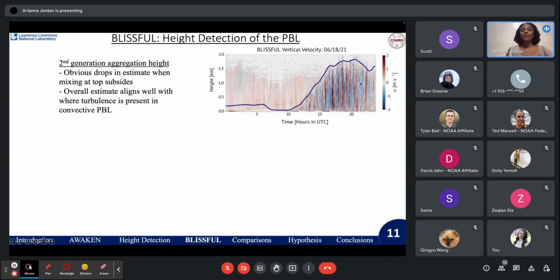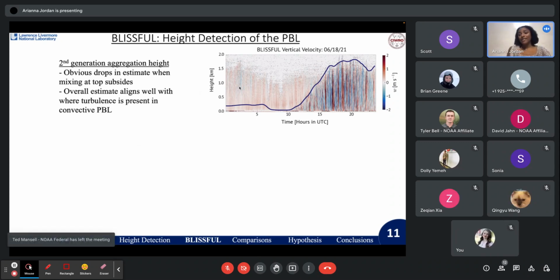And so with all that in mind, here's an example of the second generation aggregation height estimate for the day of June 18th, 2021. And so you can see the reason I overlaid vertical velocity was because the height aligns very well with the vertical velocity, and it even dips in places where the turbulence dips as well.